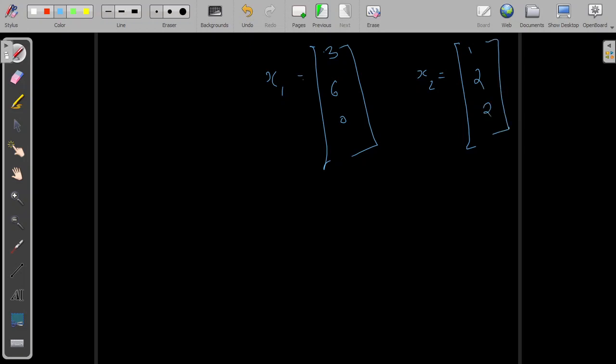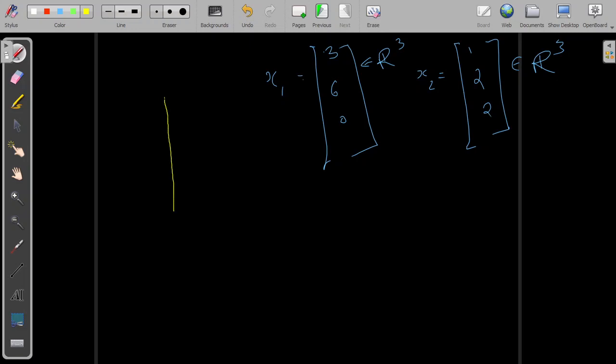It is clear that the vectors x1 and x2 belong to R3, our three-dimensional space, which has x1, x2 and x3 coordinates.